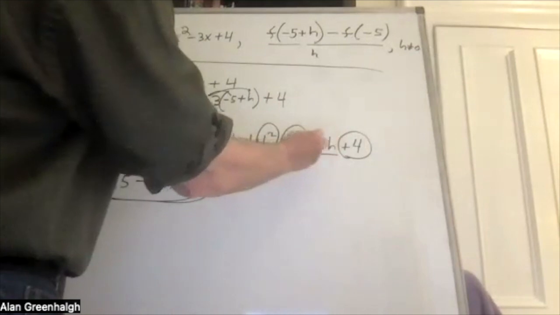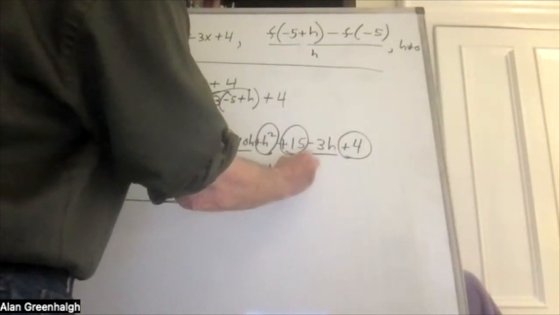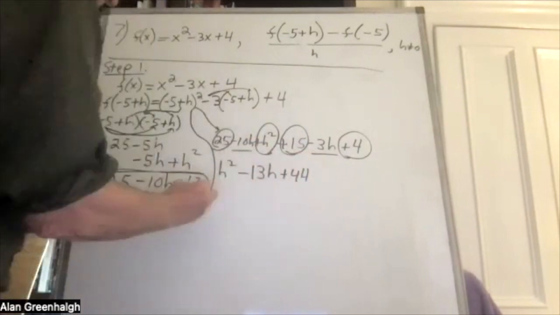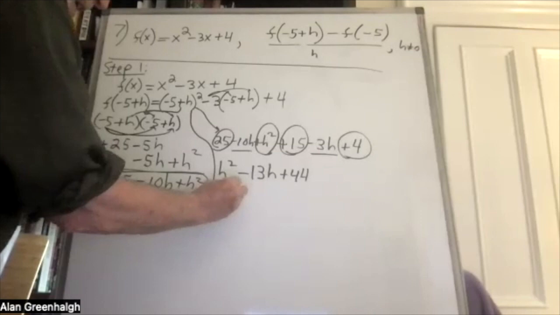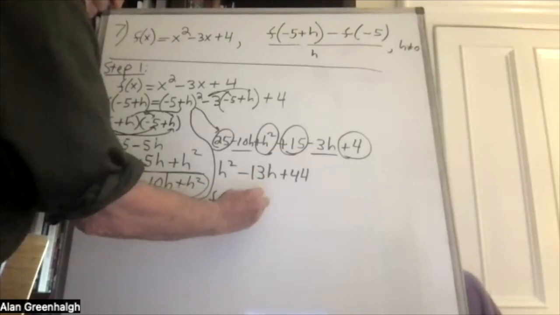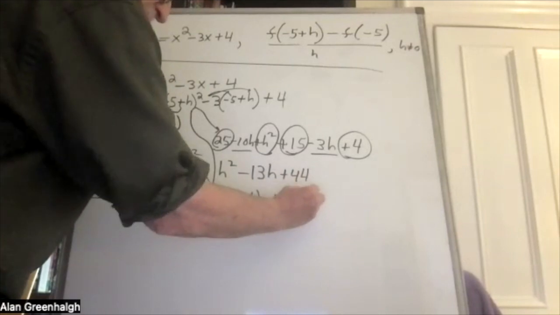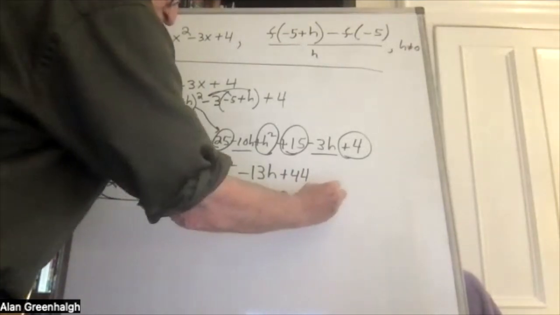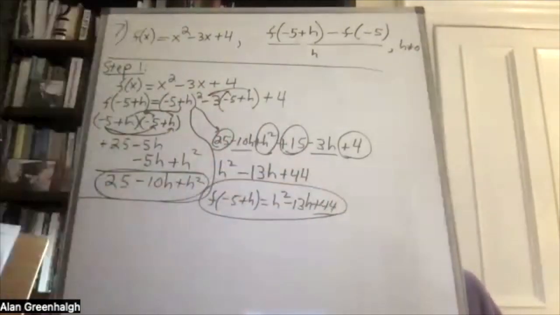And that will give me, looks like, 44. So the conclusion is f of negative 5 plus h equals h squared minus 13h plus 44. This is the end of the first step.